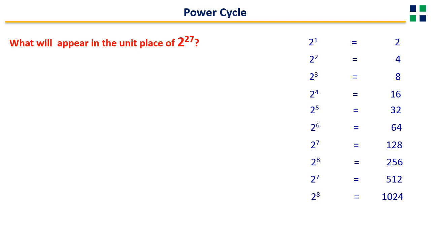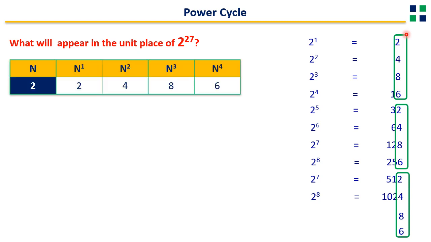Now if you focus on the unit place, it is 2, 4, 8, 6 like this. Further, again it is 2, 4, 8, 6. आगे में भी 2486 ही रहेगा. So what we see, after every fourth power, the same unit digit repeats, and this is called power cycle.